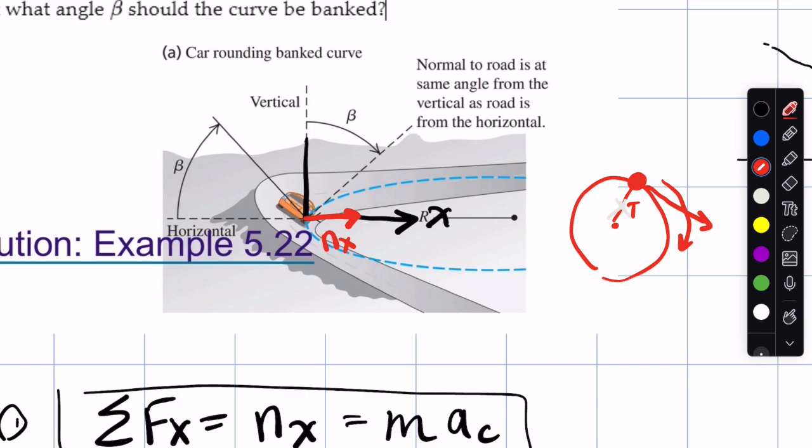But when you bank the curve, you introduce a component of the normal force in the x direction, and you don't need to consider that frictional force. Although, yeah, it is still there. It didn't go away. But the normal force in the x direction takes over and becomes that tether.